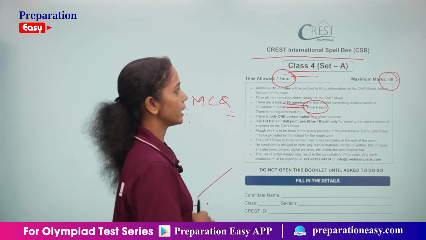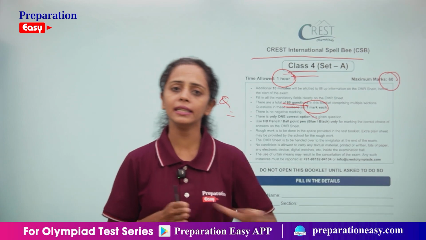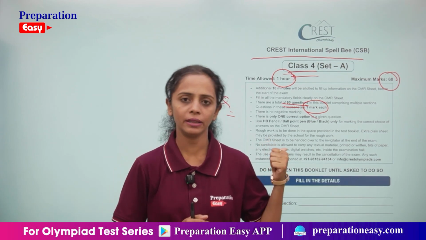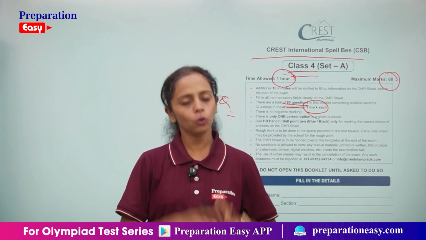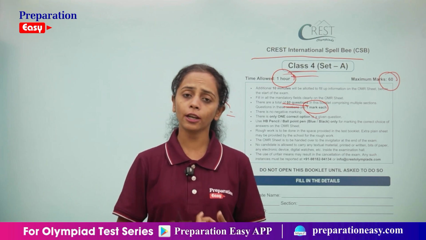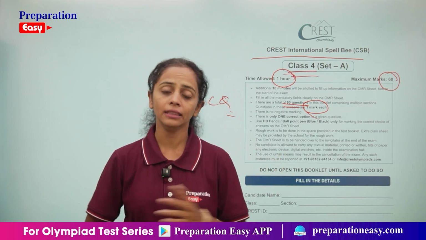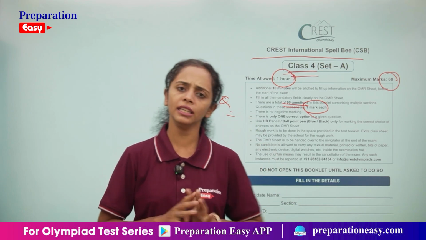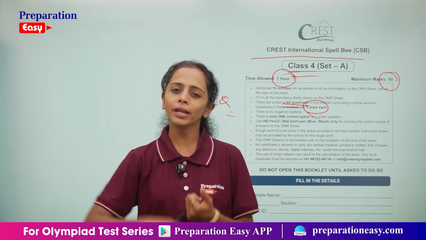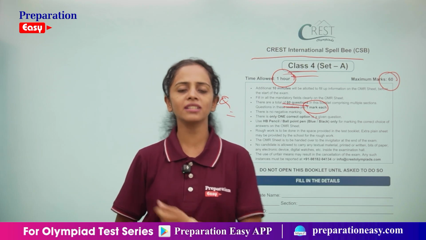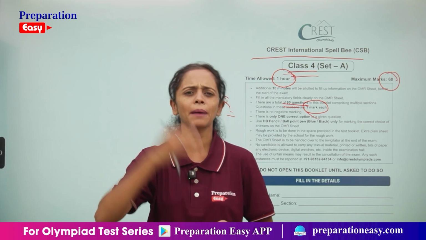Thirdly, I would like to tell you the syllabus, it's totally given on the CREST International Spell Bee's website. You can go over there, check the syllabus according to your class, go through the syllabus and learn that much. If you learn that much, even that is worth it. But to get some extra knowledge, it's very necessary to read something extra.